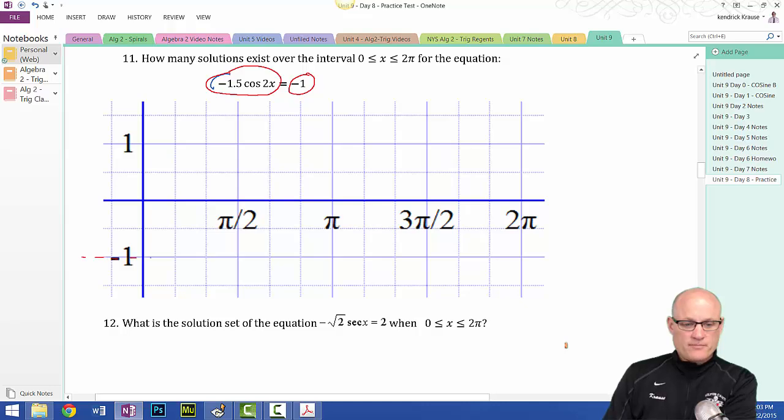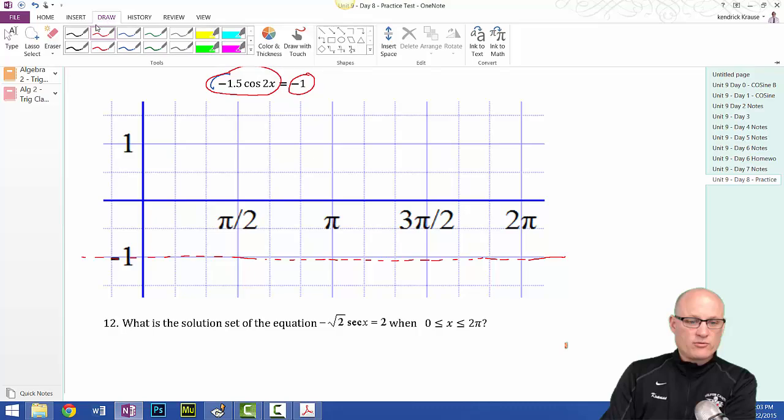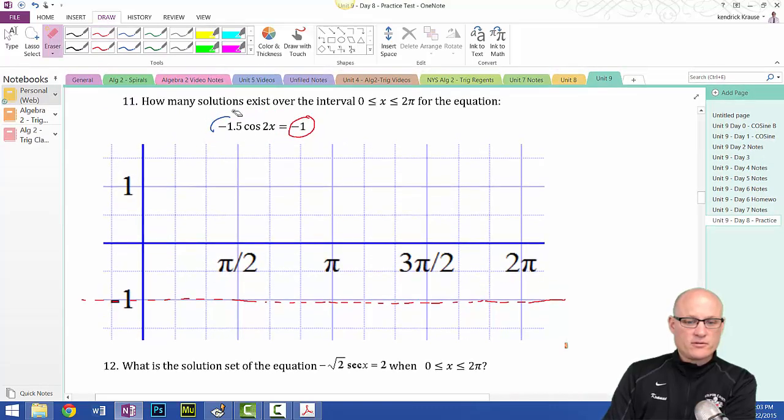There's the line y equals negative 1. So we want to see how many times this thing will hit it. All right, so let's see. I said I was going to use red and I changed up on you, so let's change this to green. We'll do this one in green. All right, so my amplitude is 1.5.